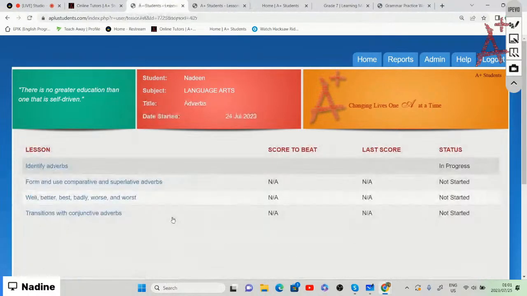We're going to select the chapter of adverbs, and the lessons that we are focusing on under this chapter are identifying adverbs, form and use, comparative and superlative adverbs, well, better, best, badly, worse, or worst, and transitions with conjunctive adverbs.